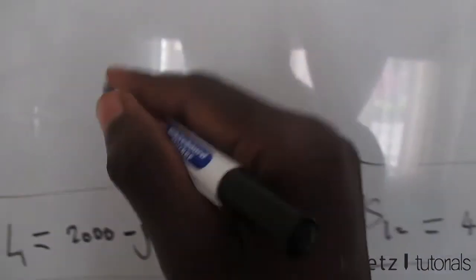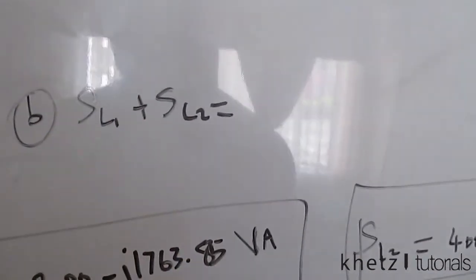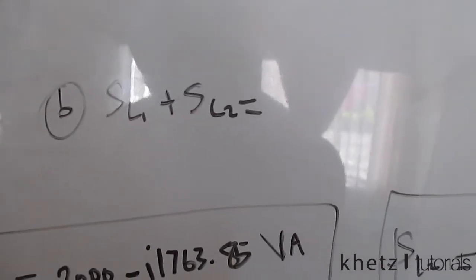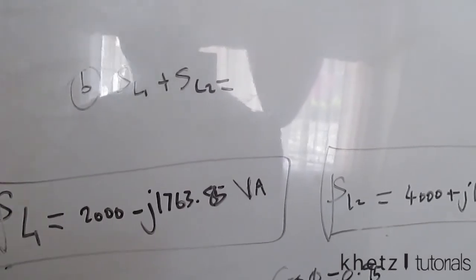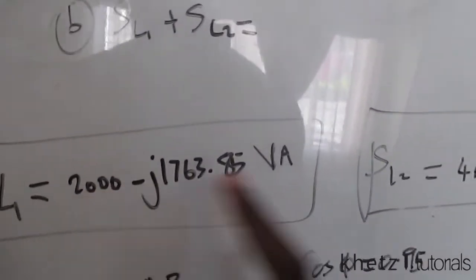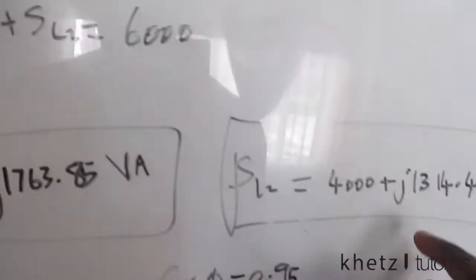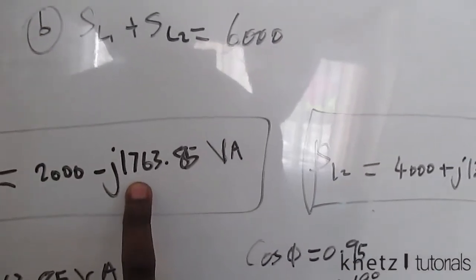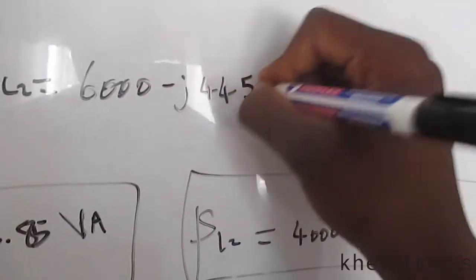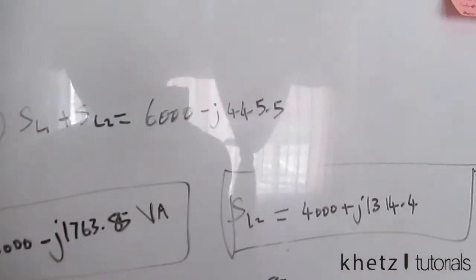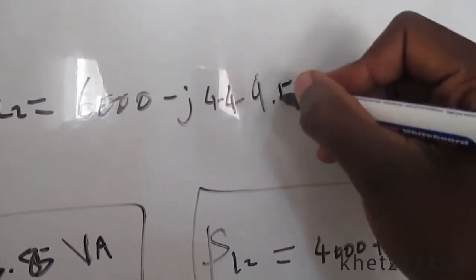When we add them up, S_L1 plus S_L2, we'll get the second part of the question, which is the supplied complex power. That value is the addition of the two values: 2,000 plus 4,000 is 6,000. Then the imaginary part should give you a value of negative j449.5.